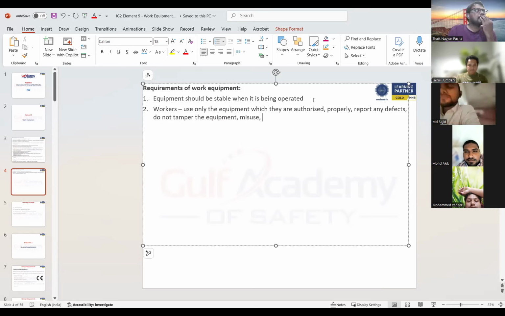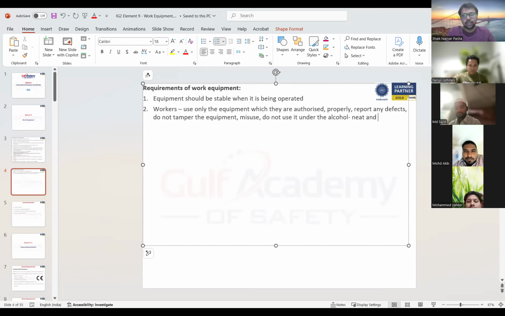Or can do one thing. Do not use it under the influence of alcohol or drugs. Okay. So all these are the workers' responsibilities. And one more thing, keep all the equipment neat and clean.